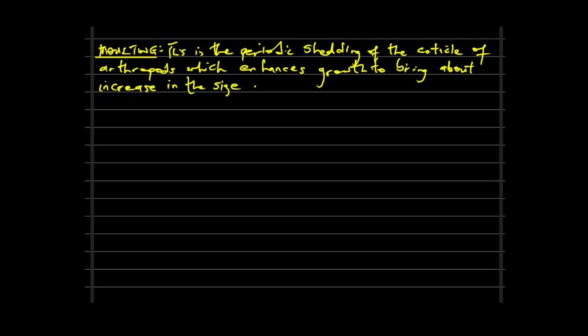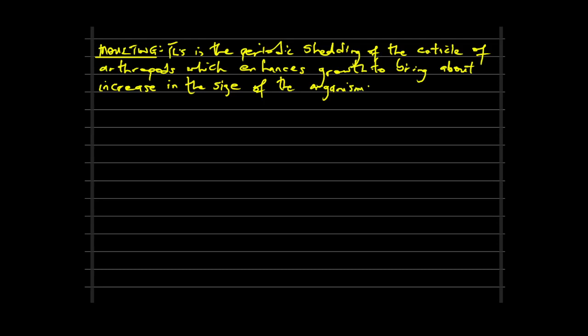That is the very main reason why molting takes place: to bring about an increase in the size of the organism. So like I said, there is a particular hormone that is responsible for this.